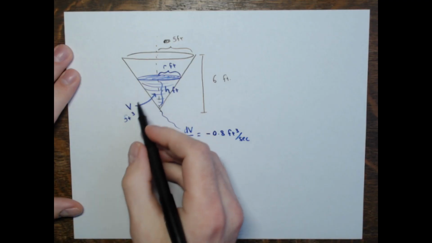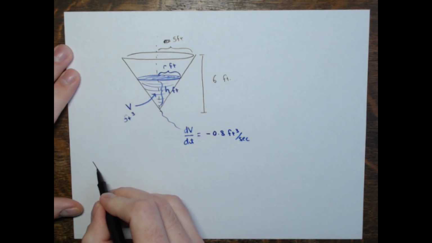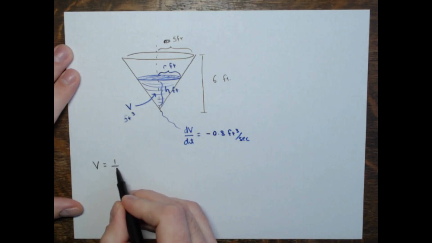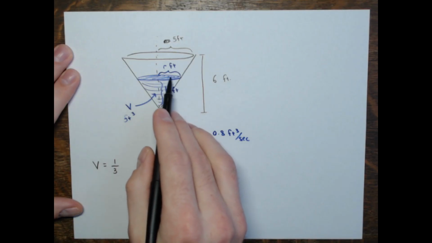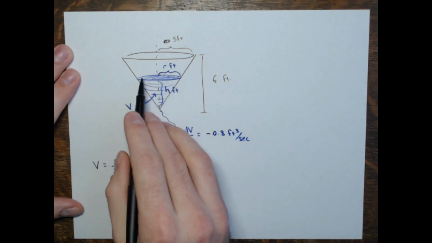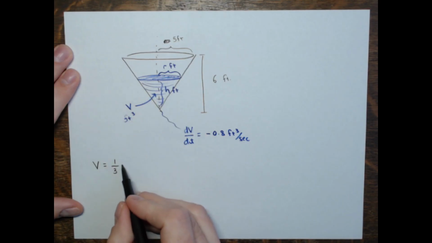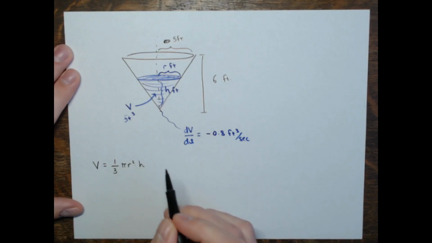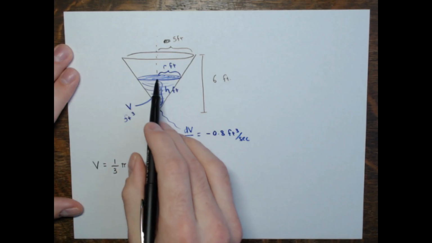And the volume of a cone is 1/3 the area of its base, which for this water cone would be pi r squared, times h, the height.